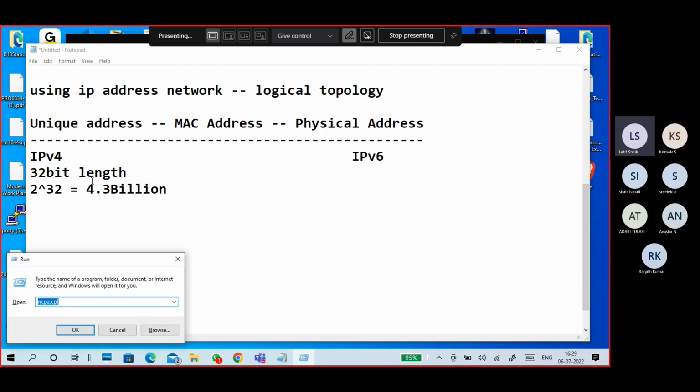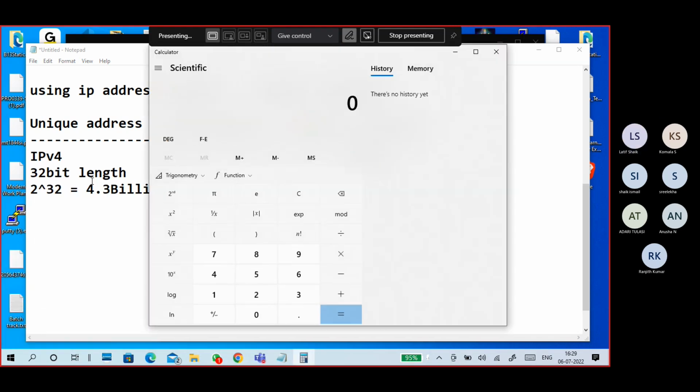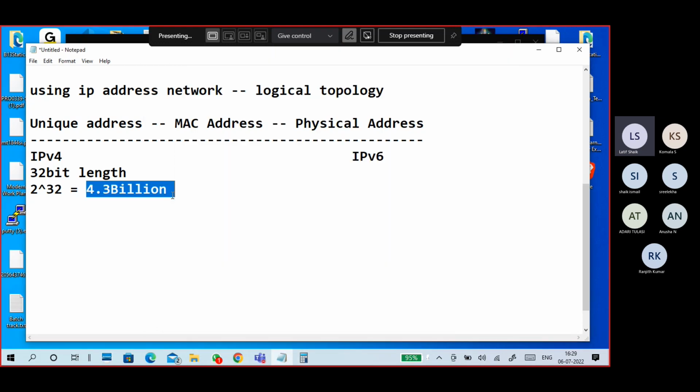If you want, you can calculate it. 2 to the power of 32 is 4 billion 294 million 967 thousand 296 IP addresses. Approximately, we say 4.3 billion.